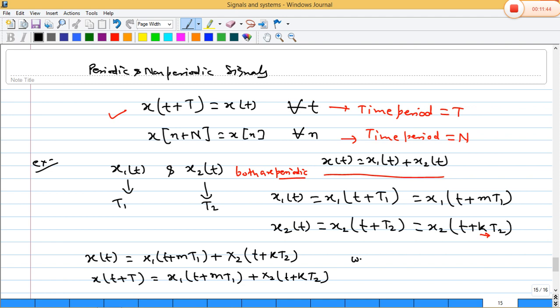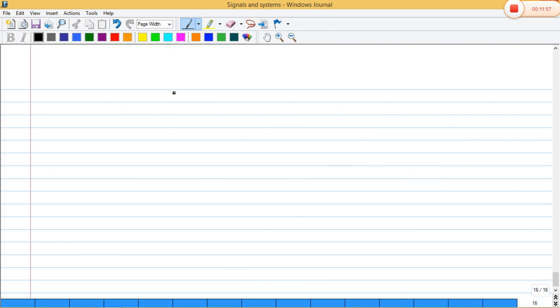So we must have m T1 equals k T2 equals capital T, which means m is T by T1 and k is T by T2, or T1 by T2 will be k by m.